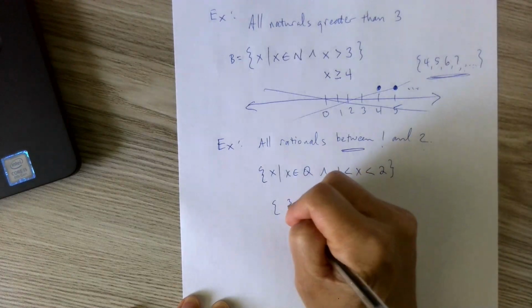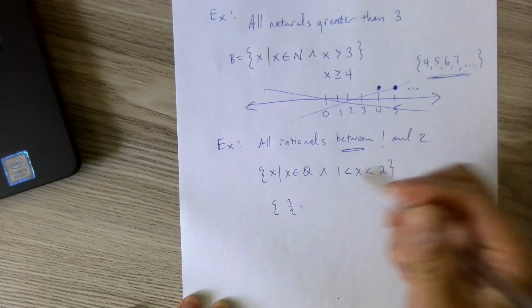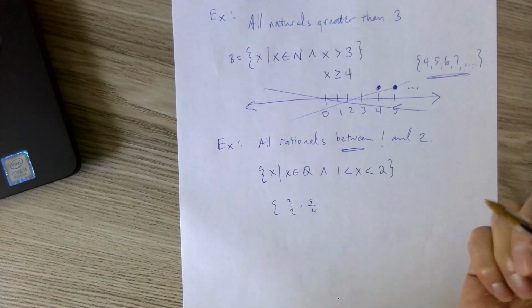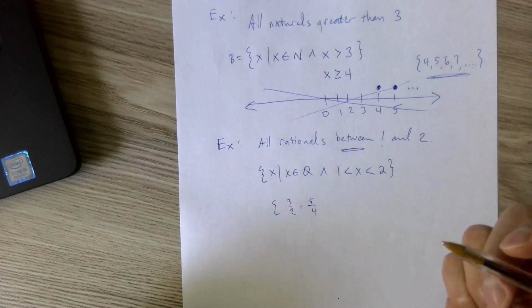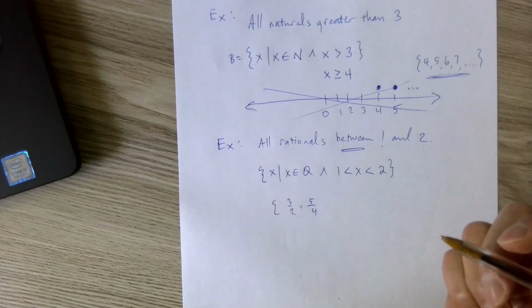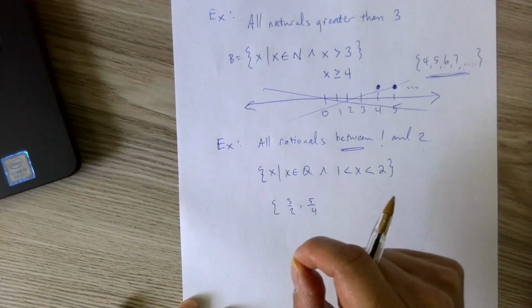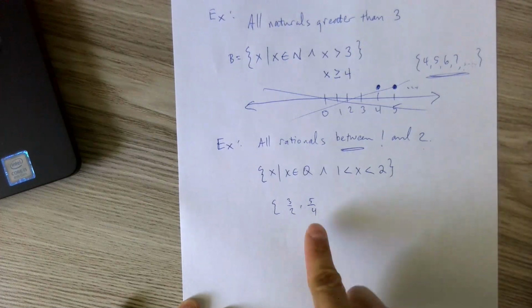Well, I know that 3/2 is in there. I know that 5/4 is in there. But how do I list that? Is there a smallest rational between 1 and 2? Well, I can think of a rational that's really close to 1. Closer than that, and closer than that.